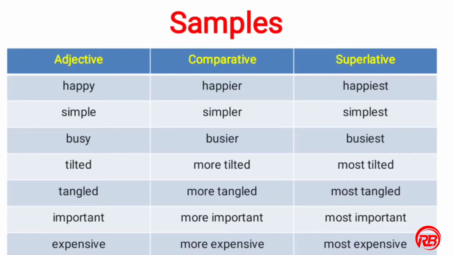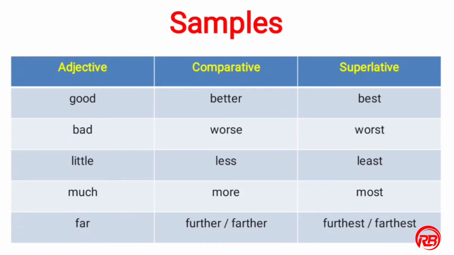More expensive, most expensive. And these words convert good into better and best. Bad, worse, worst. Little, less, least. Much, more, most. Far, further, farther, furthest, farthest.